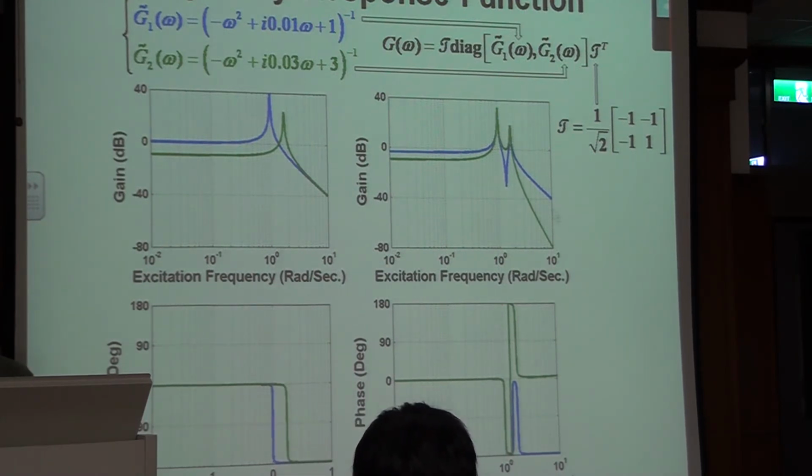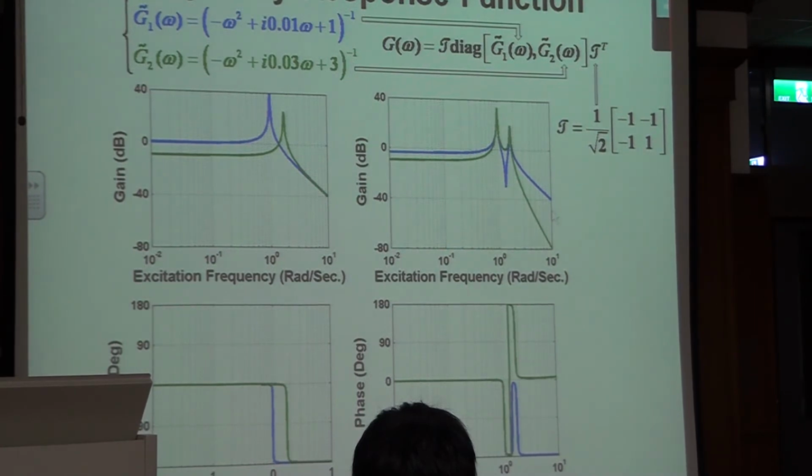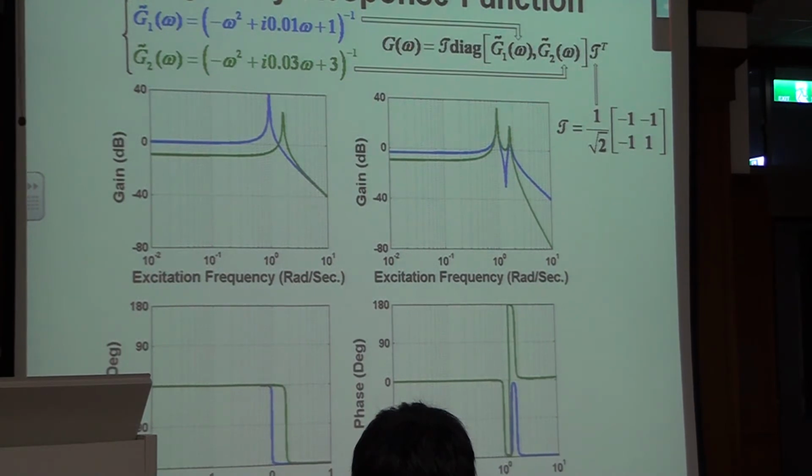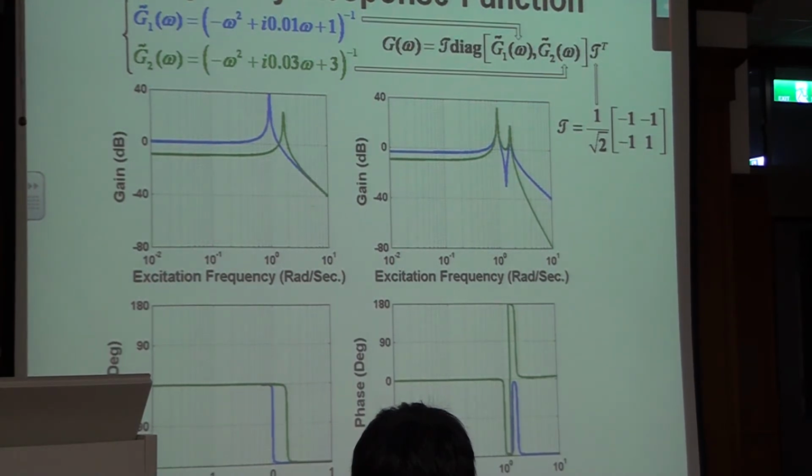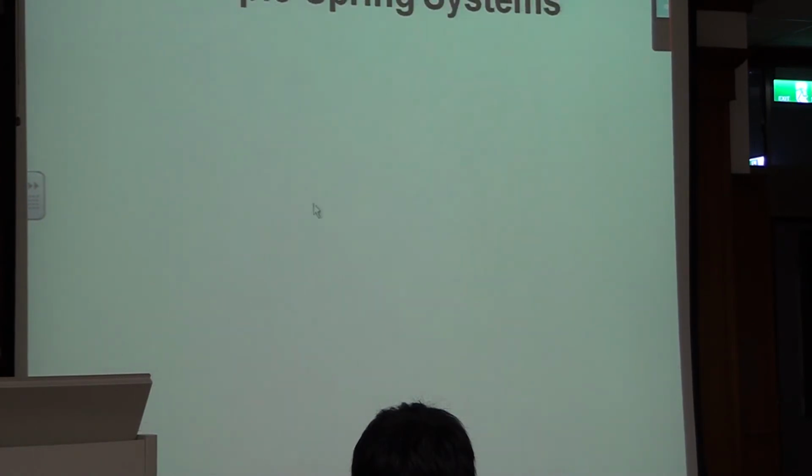If you look from the physical coordinate, U1 to W1, U1 to W2, U2 to W1, U2 to W2, this is how it looks. In many cases, in controller design, sometimes we look at this kind of model coordinate frequency response function too, because that's much cleaner and it's easier to understand what's going on.